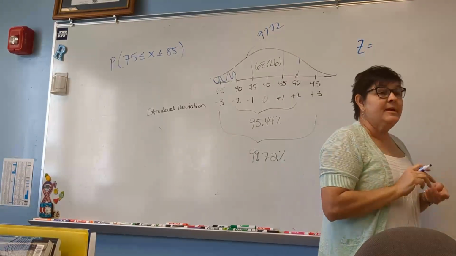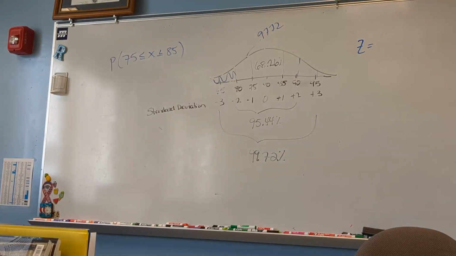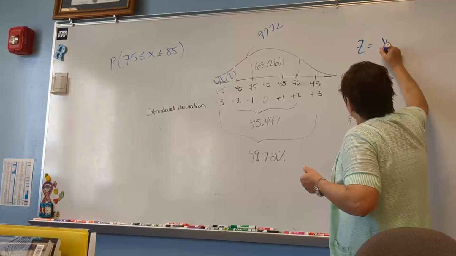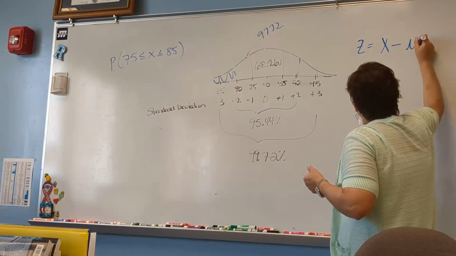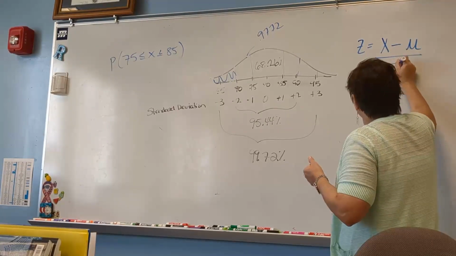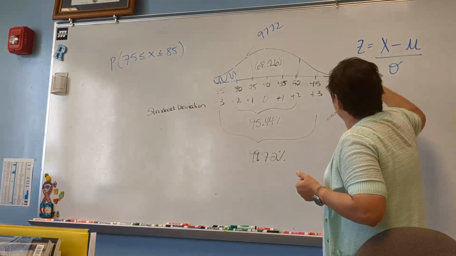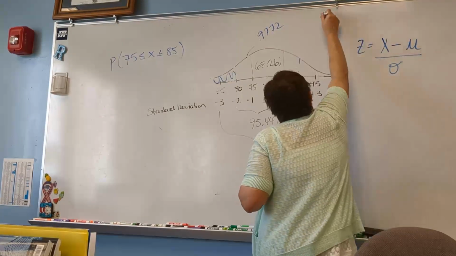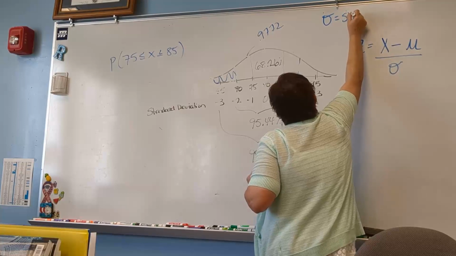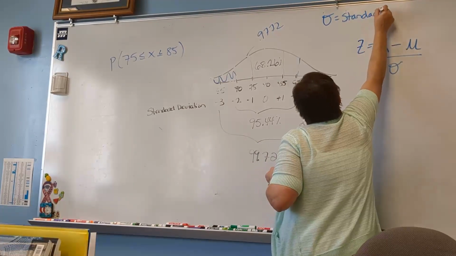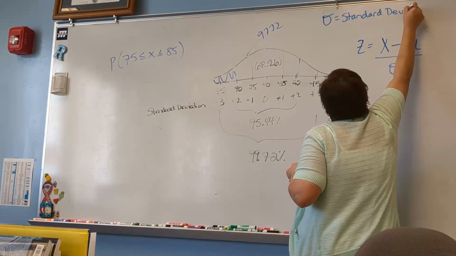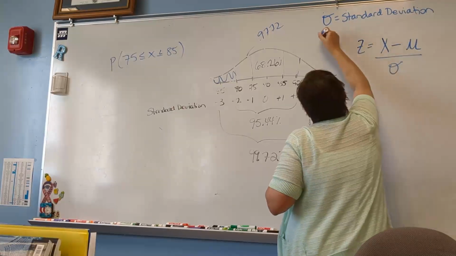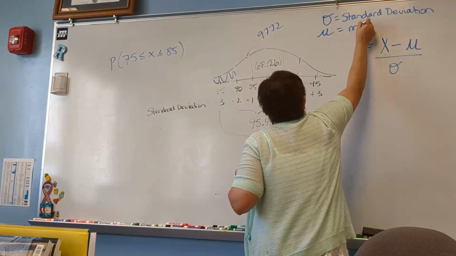So there's a formula that I'm going to give you. It is not on your bright colored sheet of paper. Unfortunately, you have to memorize this one. It is x minus the mean over the standard deviation. Let me tell you, this symbol means standard deviation. And mu means the mean.